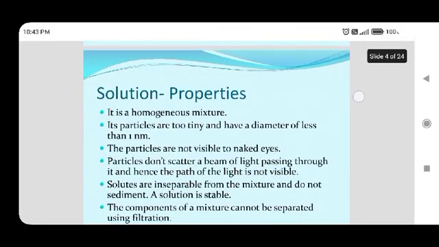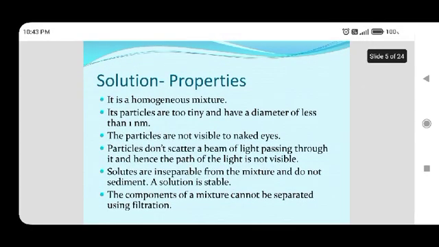In the next slide we could see the properties that should be possessed by a solution. A solution is a homogeneous mixture, so it should not be heterogeneous. What is homogeneous? Uniform throughout. A solution should be a uniform mixture of solute and solvent. Second point, its particles are too tiny and have a diameter of less than 1 nanometer.